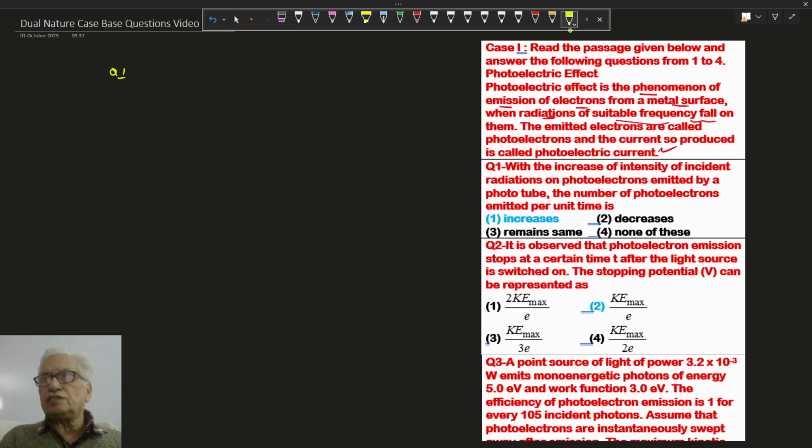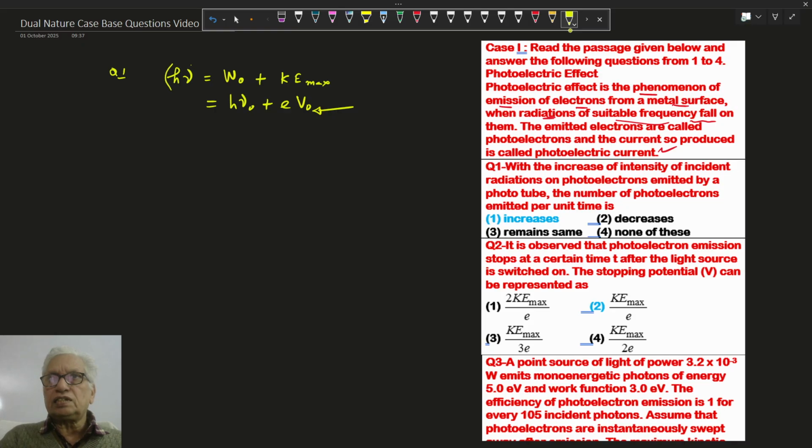With the increase of intensity, here h nu is the energy and h nu naught is the work function, plus kinetic energy maximum. Or work function can be written like this also, e V naught, where V naught is the stopping voltage.